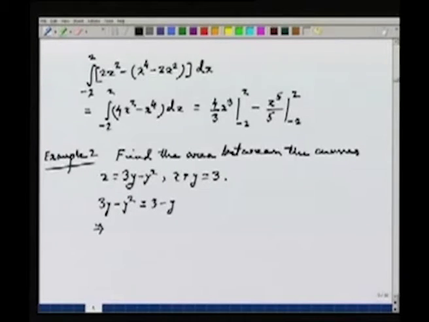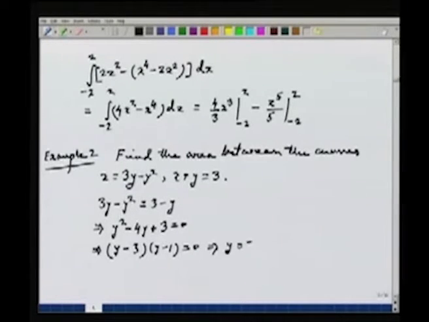This implies y square minus 4y plus 3 equals 0. This implies y minus 3 into y minus 1 equals 0, implies y equals 3, y equals 1.